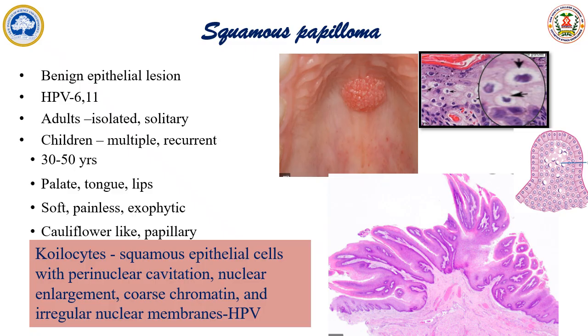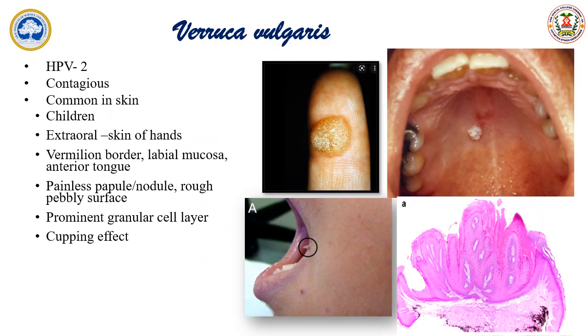Histologically you see this pattern with fibrovascular connective tissue core into these papillary extensions of the epithelium. And typical koilocytes, which are squamous epithelial cells with cavitation, can be seen in the histopathology of the squamous papilloma.